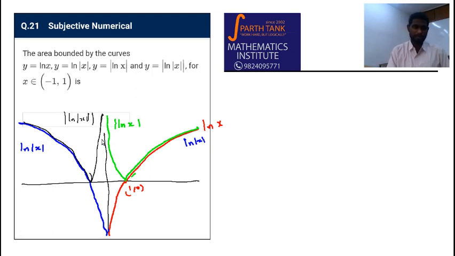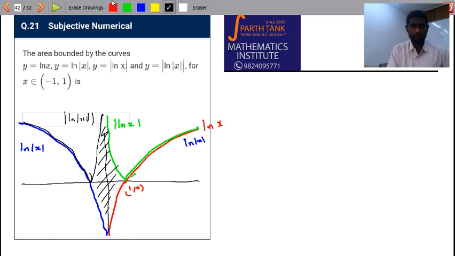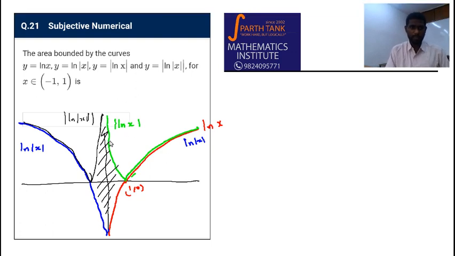If you can recognize that the area is here, then we can do something about it. We can find only one small area and multiply by 4. Okay, that's what I'm going to do. I'll take the area here, this red area. This is the log x curve, that is the normal log x curve.